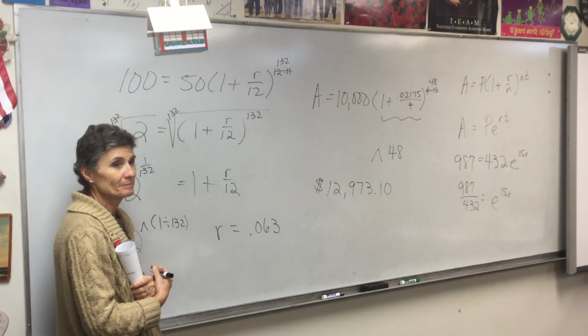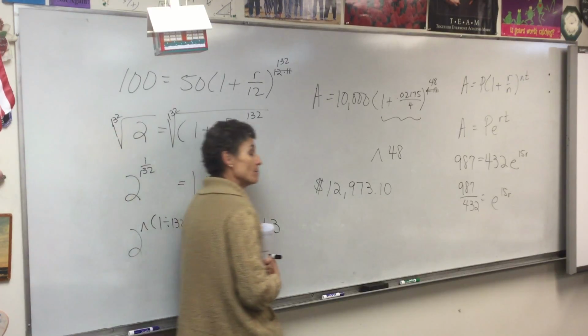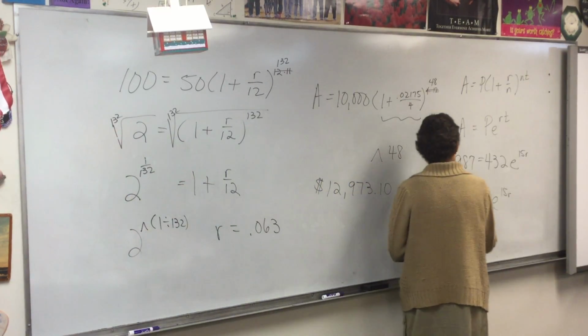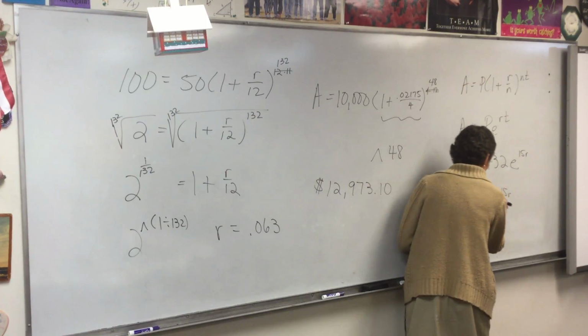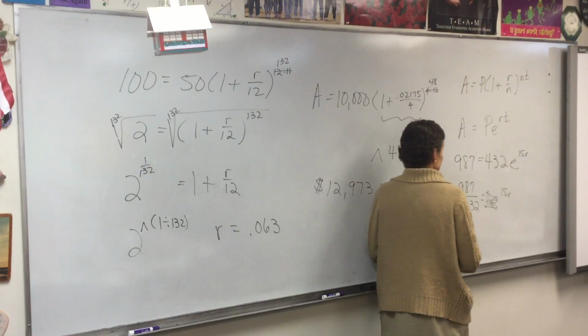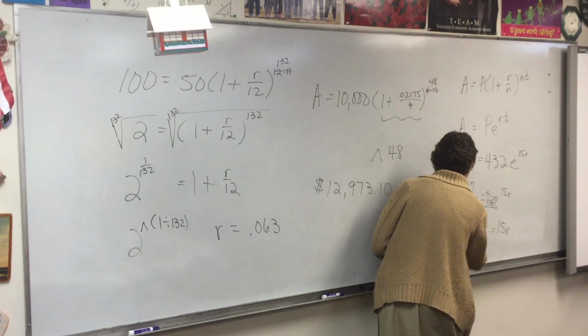Now what? ln both sides. And the beauty, magic, wonder, awesomeness of that is what happens right here. It cancels. So 15r equals ln this fraction.